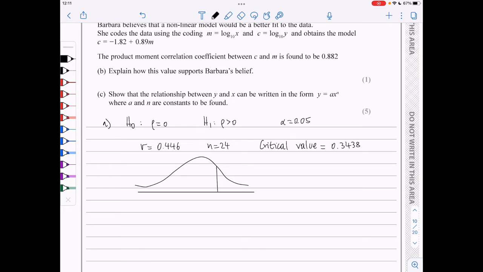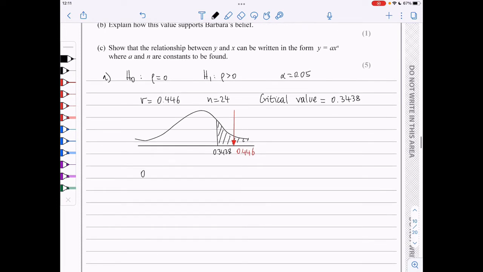It makes it really easy to decide on whether we need to reject or not reject. If we just draw this, this is the critical value. Obviously the critical region is here. What we have just seen is obviously well within the critical region. There it is. So 0.446, and therefore we will simply say that 0.446 is greater than 0.3438. Significant.